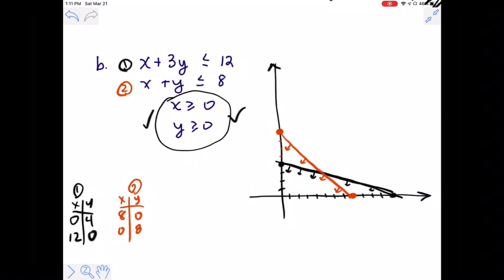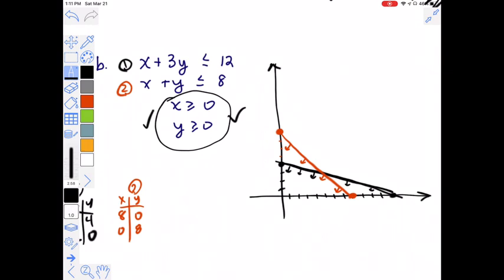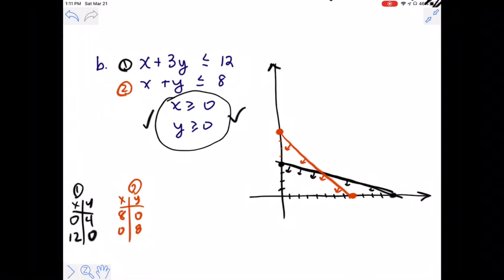So the area that would contain both shaded regions would be this area right here. So there's the solution set. That shaded region is the solution set.